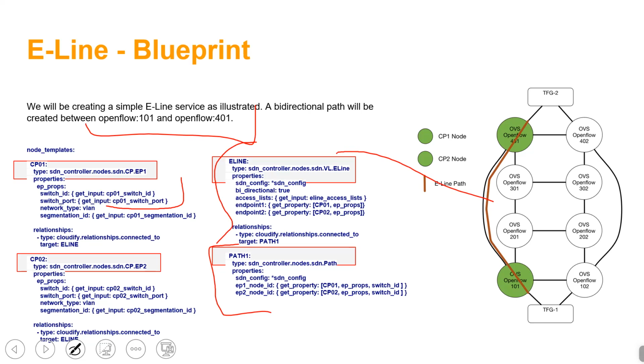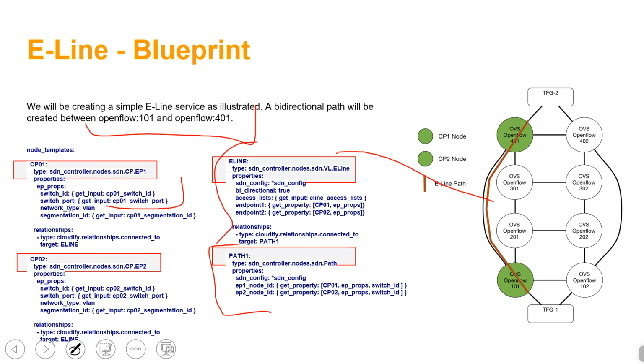Similar to the previous blueprint, you define the root node in the TOSCA blueprint and specify some of the parameters. You also provide the leaf node details for both leaf nodes: the switch ID, port numbers, segmentation ID and so on. Then there is this tree path defined in the blueprint.